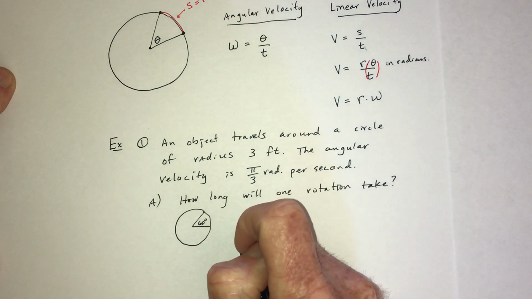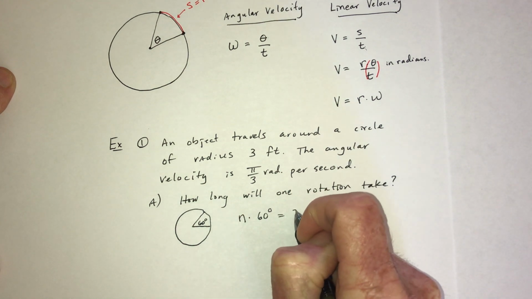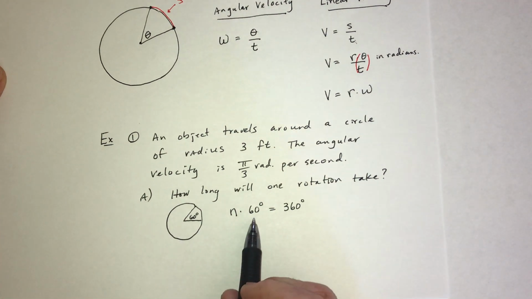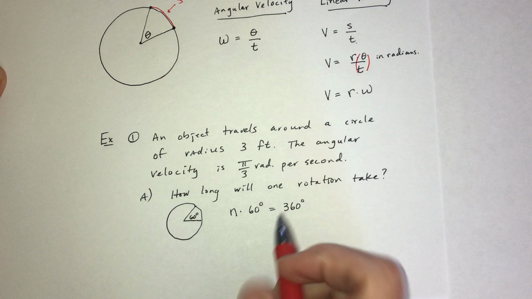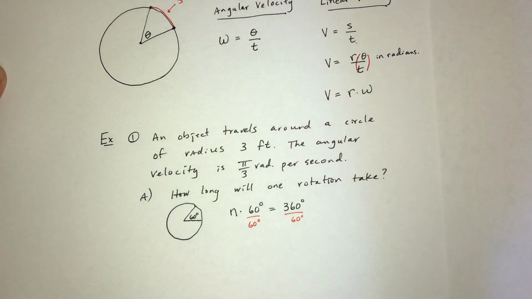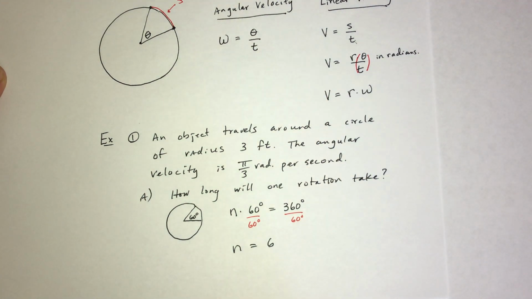So in other words, there's some number n times 60 degrees that will equal 360 degrees. And then you can divide both sides by 60, and n is equal to 6. So it's going to take 6 of these in order to go around once.